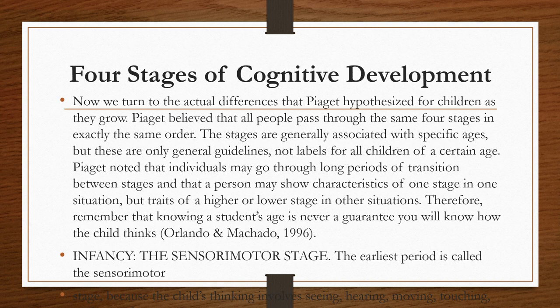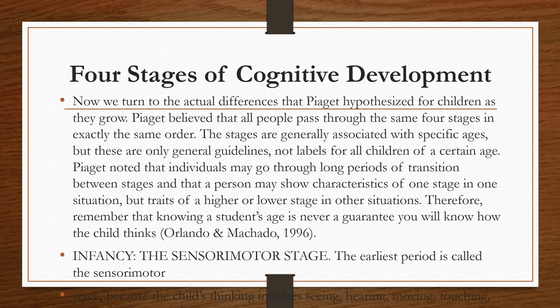Now, the second last slide: the four stages of cognitive development. Now we turn to actual differences that Piaget hypothesized for children as they grow. Piaget believed that all people pass through the same four stages in exactly the same order. The stages are generally associated with specific ages, but these are general guidelines, not labels for all children of a certain age.